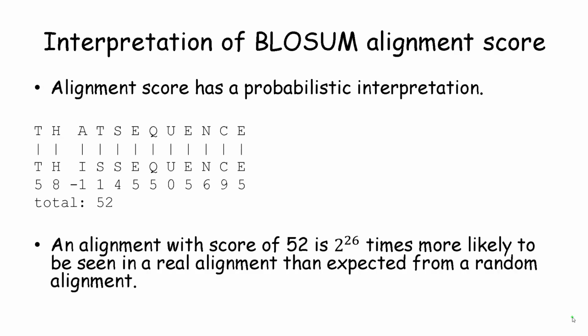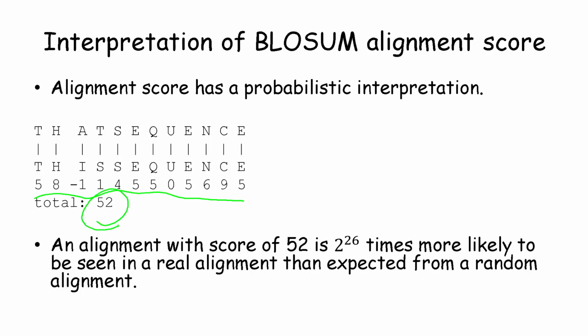Because of the way the BLOSUM matrix is generated, using BLOSUM to score an alignment gives us a nice probabilistic interpretation of the alignment. In this example, when we add up the BLOSUM scores of the amino acid pairs in this alignment, we get a total score of 52.